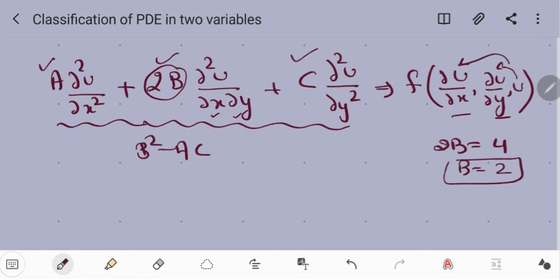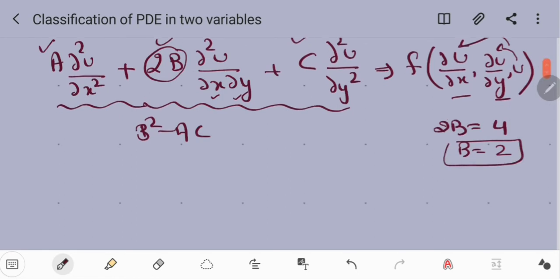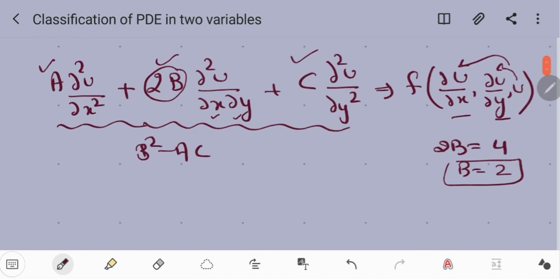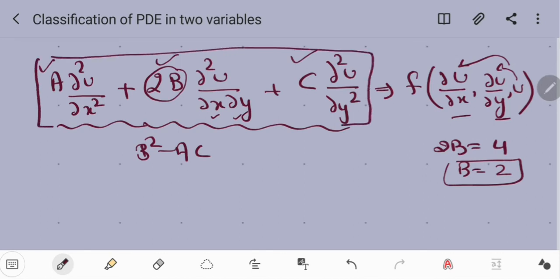So whatever equation is given to you, keep this in mind and accordingly find out the value of this. This is the standard equation, the factor which will help you in identifying the type of equation.